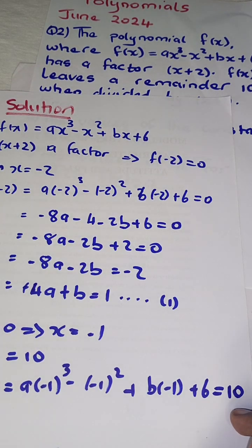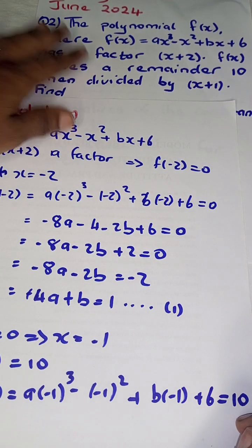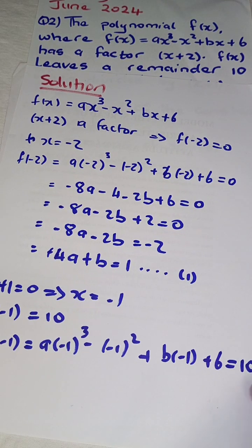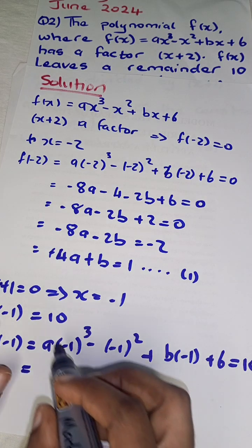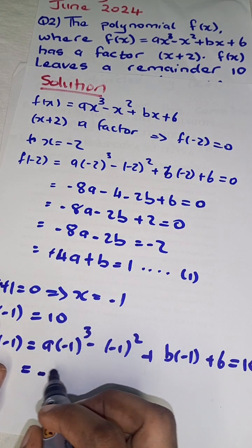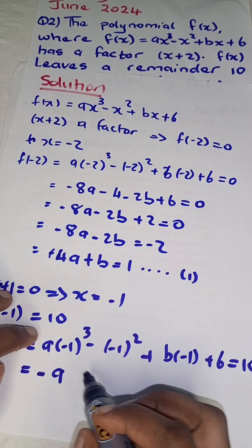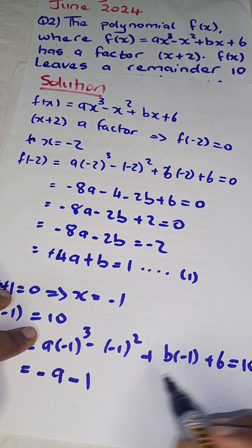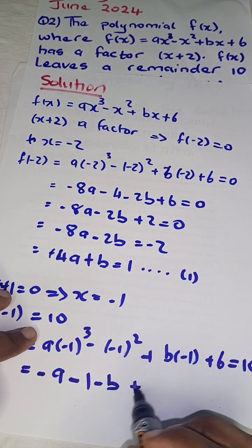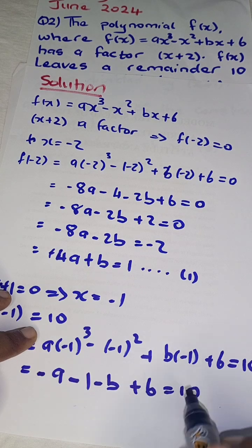Equal to 10 because f of x leaves a remainder of 10 when divided by x plus 1. Again, we simplify this. We are going to obtain negative a minus 1 minus b plus 6 is equal to 10.